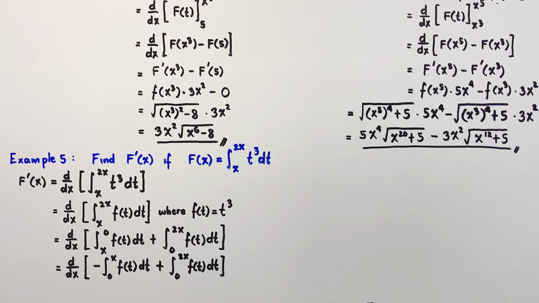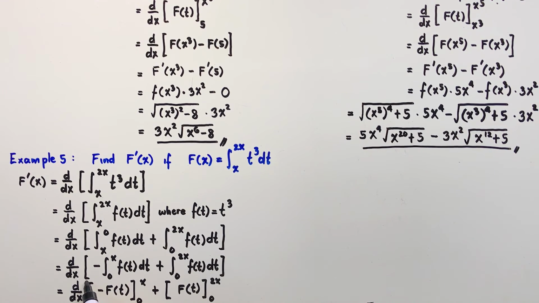So using the hypothesis of the fundamental theorem of calculus that the integral of the small f is the big F, this is the derivative with respect to x of our negative big F of t evaluated from 0 to x, plus the big F of t evaluated from 0 to 2x.